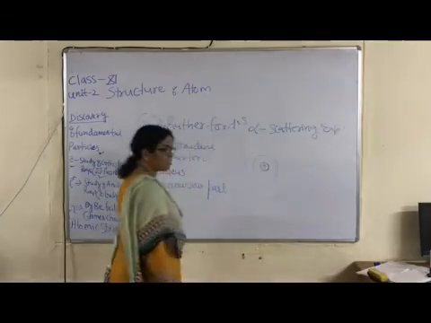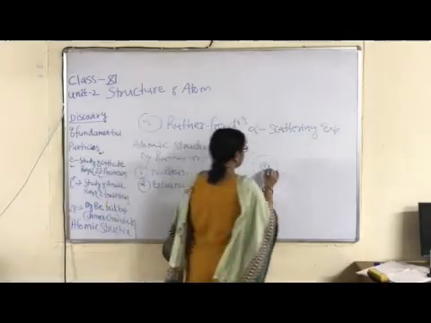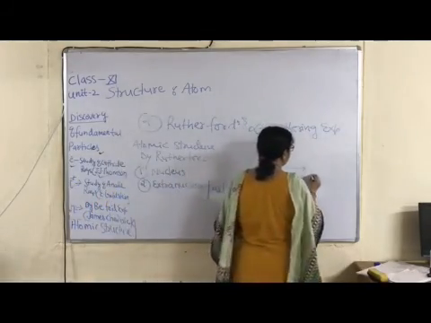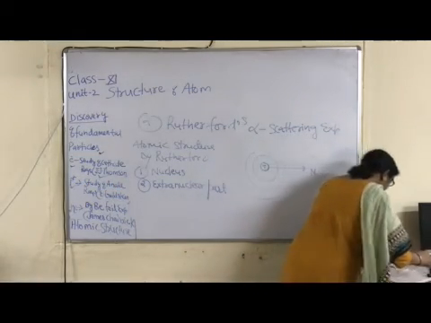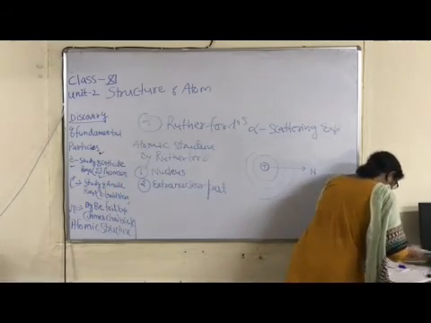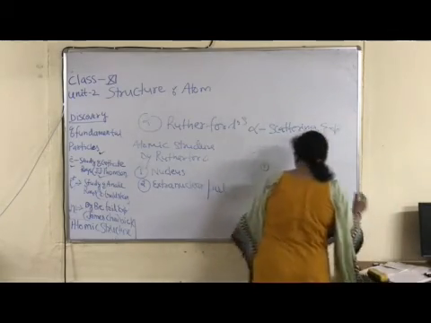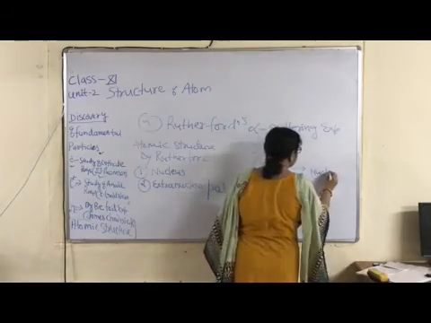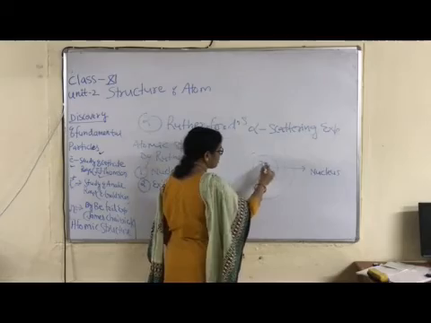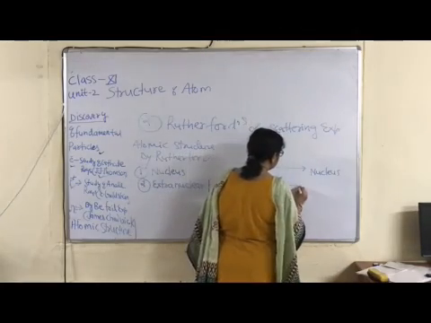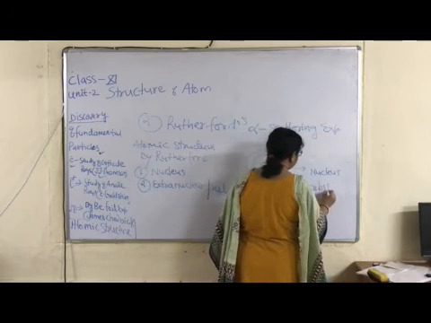Now, this is a possible structure of the atom on the basis of Rutherford's experiment. The central part is known as the nucleus, and the circular path around the nucleus is the orbit, right?